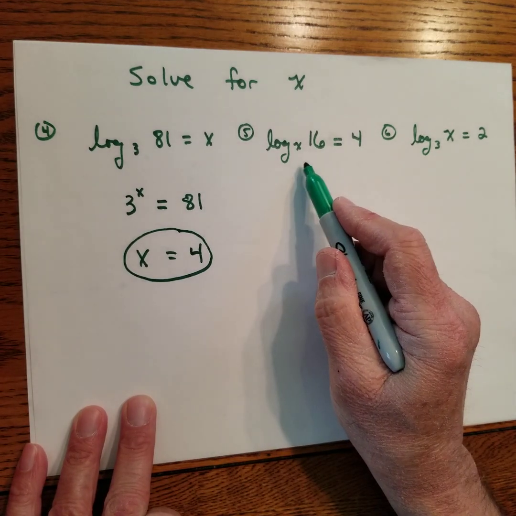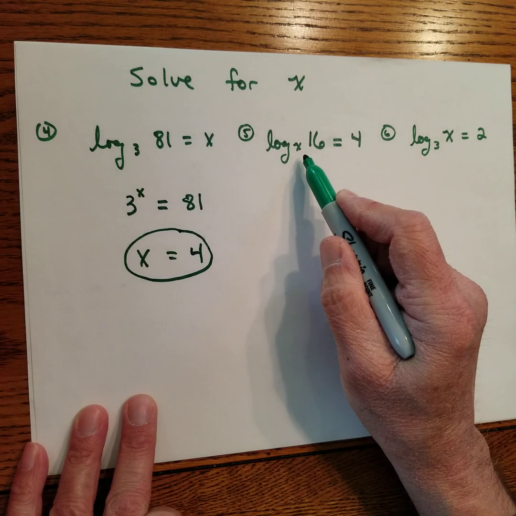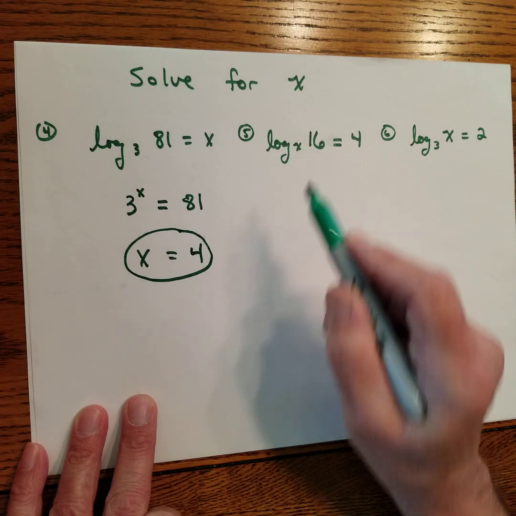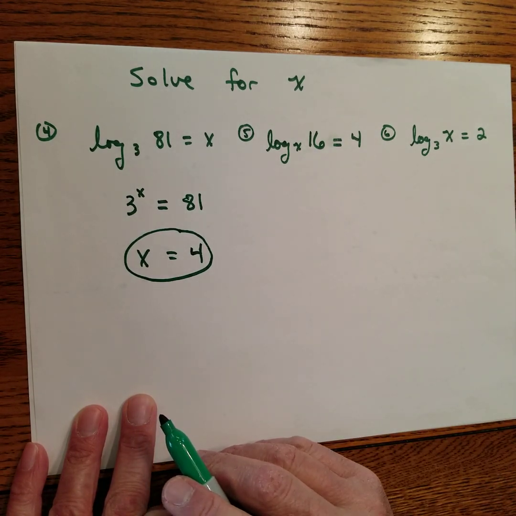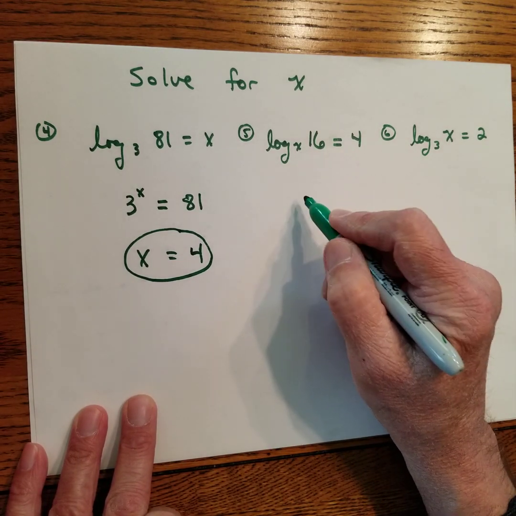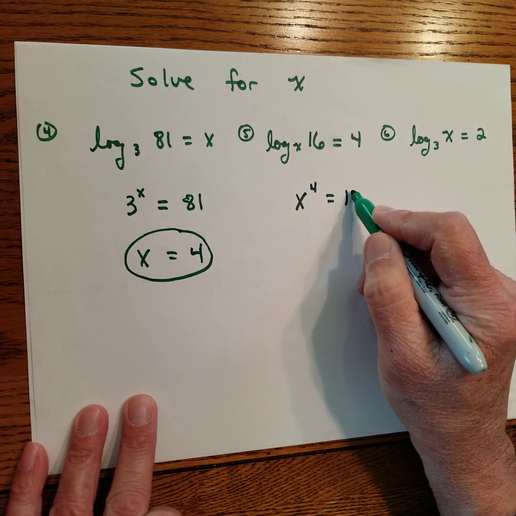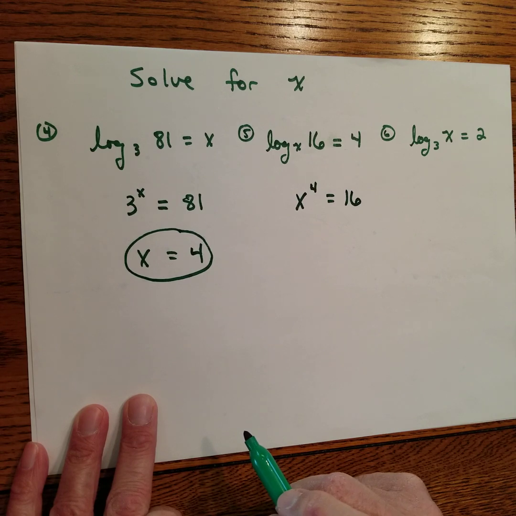If I was going to try to do this one in my head, well, 4 has to be the exponent that changes some little number into 16. Let's rewrite it in exponential form. That 4 is the exponent that goes on that x. 4 is the exponent that changes x into 16.